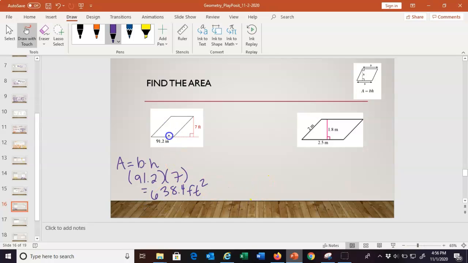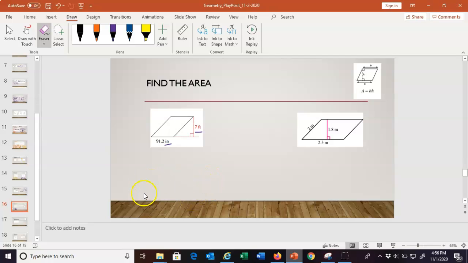Oh, do you see that? Look, inches and feet. They are some tricky little people here. All right, erase. Let me show you. This is a really good question for us to go over because there are two different types of units here, right? You do see inches and feet. So before we did what we just did rather quickly, we're going to need to convert them into the same type of units.